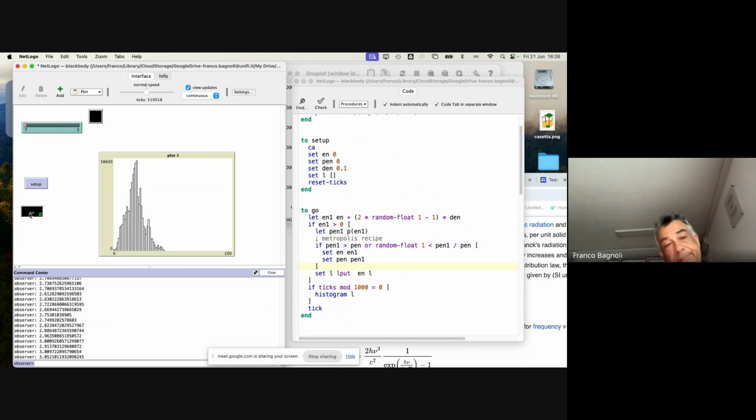Not so bad, because it resembles a bit the black body spectrum.